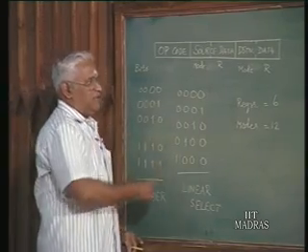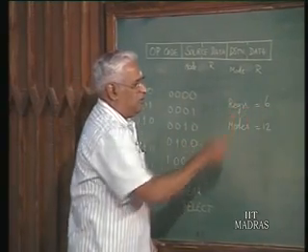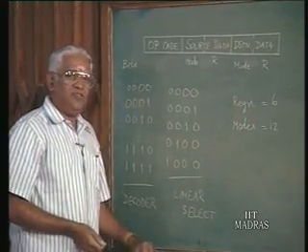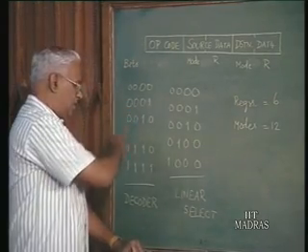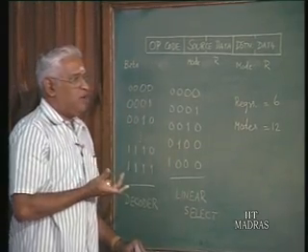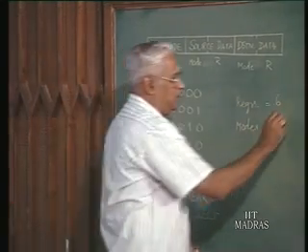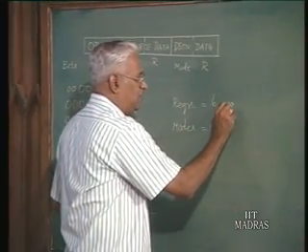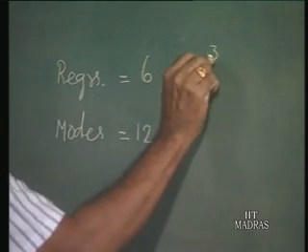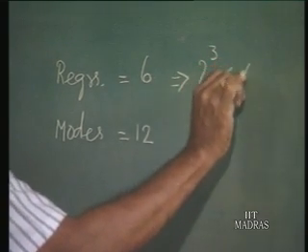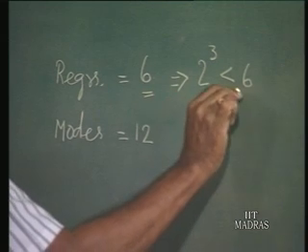For referring to any one of 6 registers, you need 6 unique codes, and obviously this would mean you need at least 3 bits. Why? Because 2 to the power 3 is 8, and so you can accommodate certainly the 6 that you need.